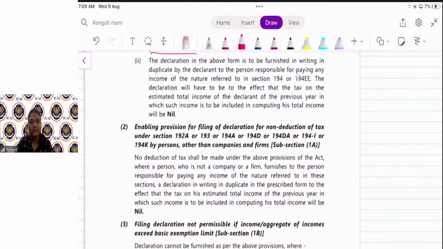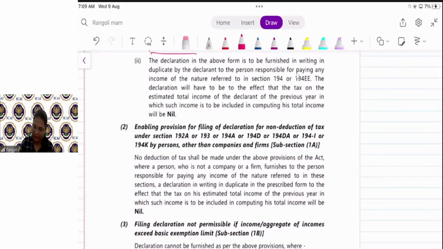Now, declaration in case of section 192A, that is premature withdrawal of EPF, Employee Provident Fund, 193, 194A, 194D insurance commission, 194DA payment from life insurance company, 194I rent, and 194K income from mutual fund.